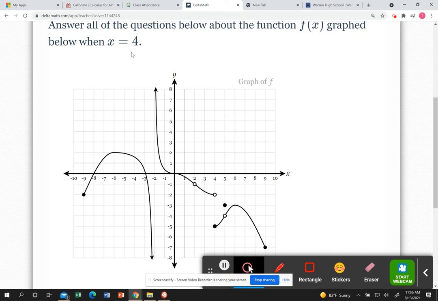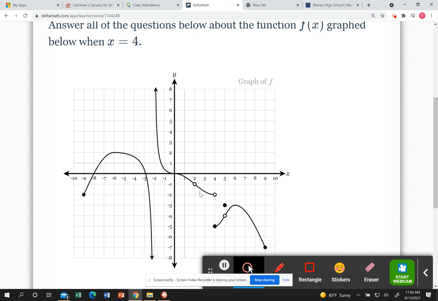We're approaching 4. 4 is right here. Does everyone see that 4 is right there? Okay, so we need to follow the curve. From the left side, right here, you need to draw an imaginary line at 4. You don't actually get to the 4, you get really close from the left side.